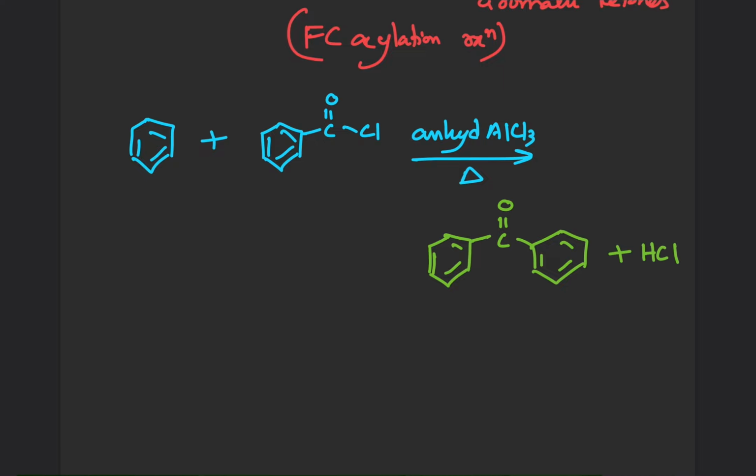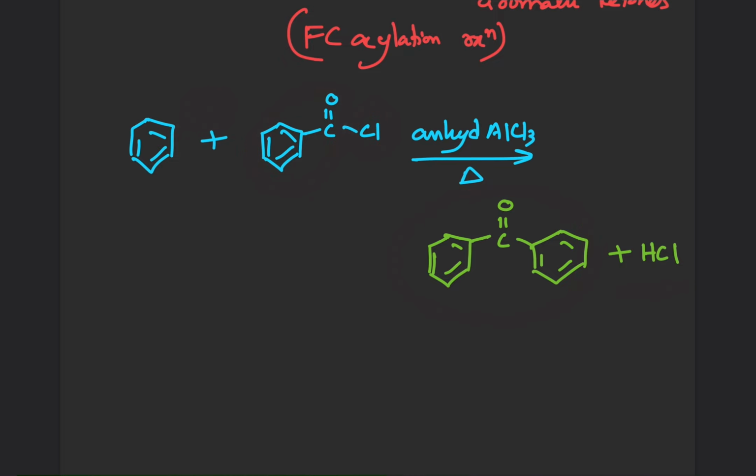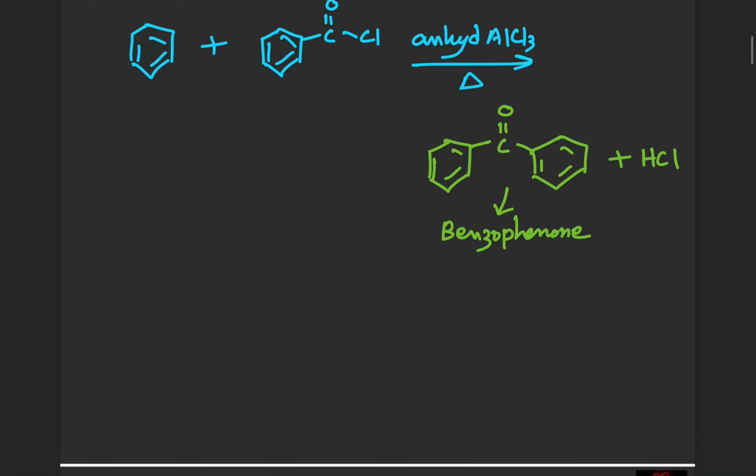So what happened is one H from here is replaced by this group. That's why we get this guy, and this H combines with the Cl to give us HCl. Okay, and the name of this guy is benzophenone. Therefore, our X is benzophenone.